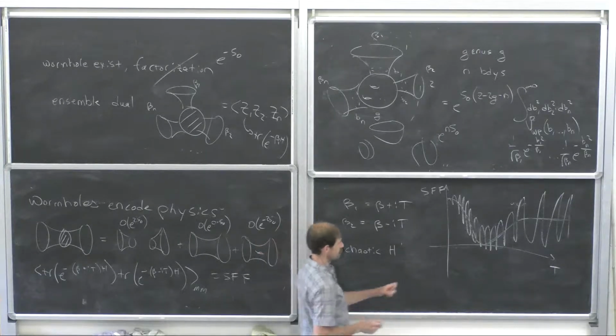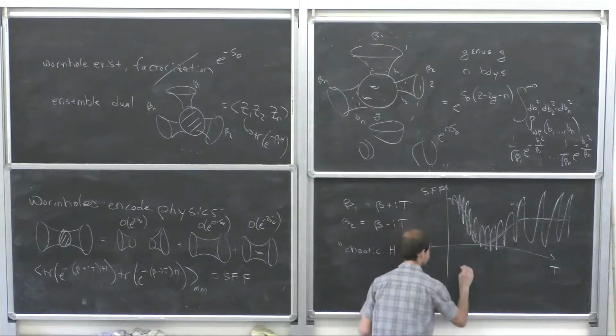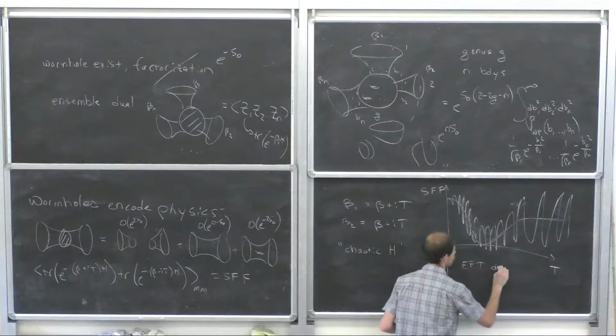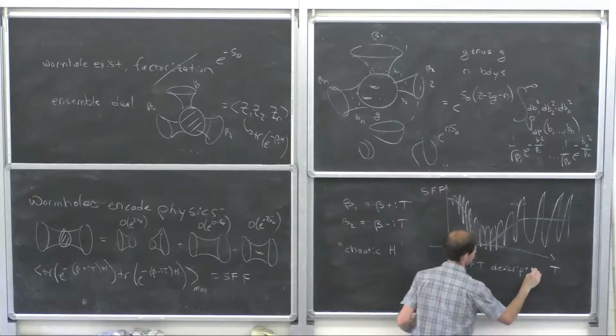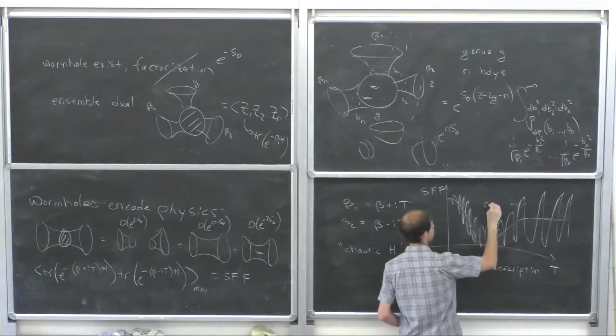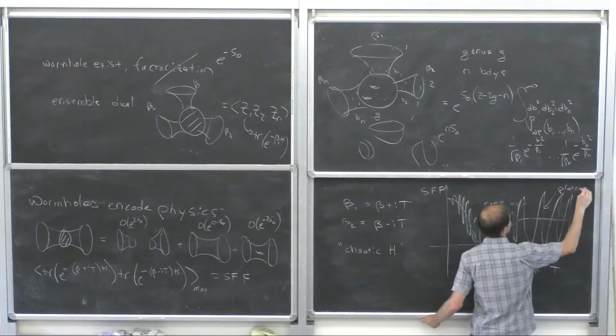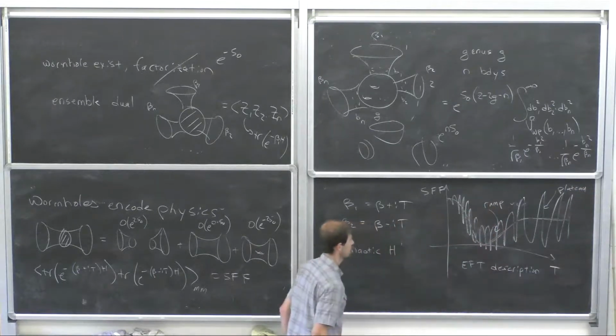In fact, there's an effective field theory description of those things. This is the so-called ramp, because it rises linearly. This is the plateau. It's ultimately due to the discreteness of the spectrum.